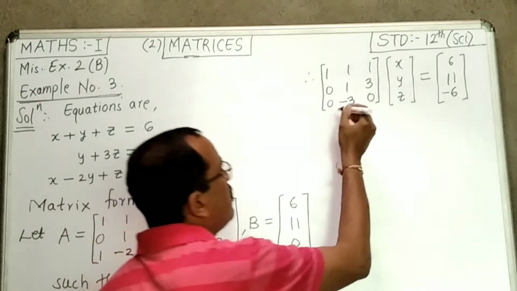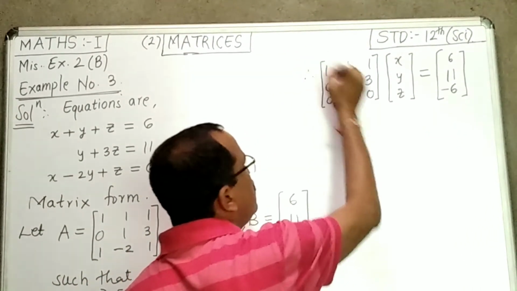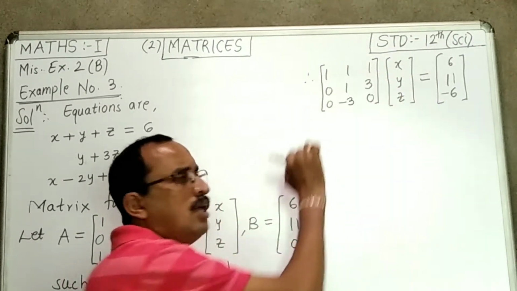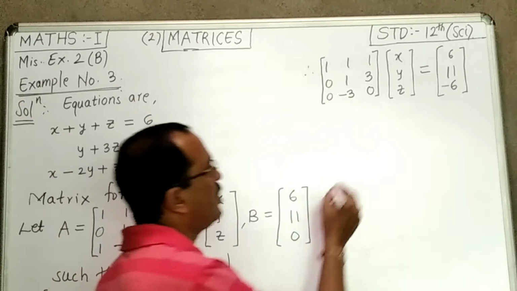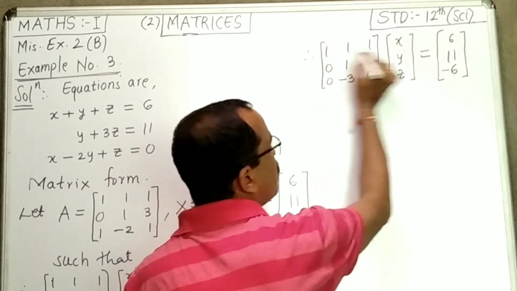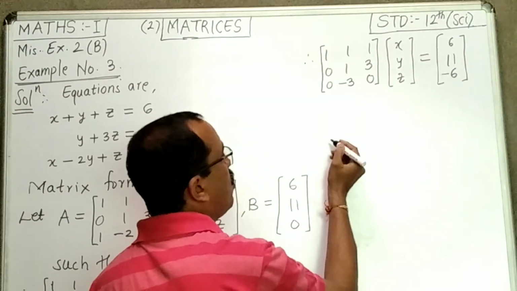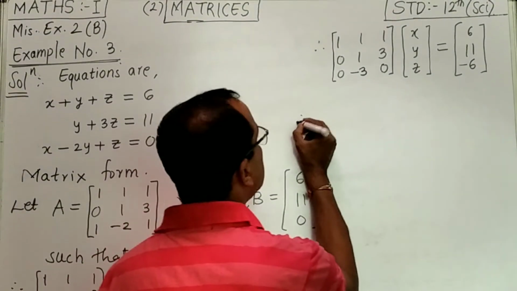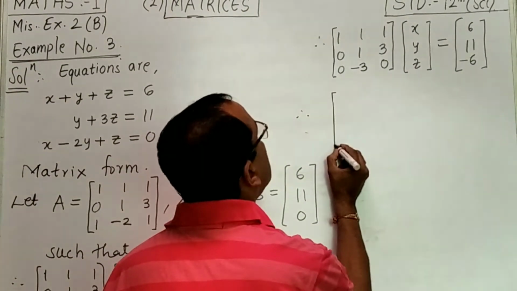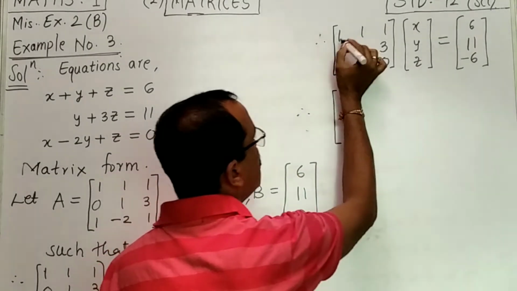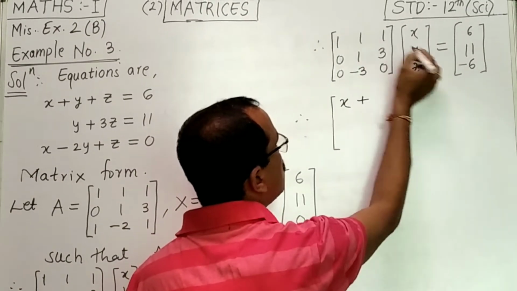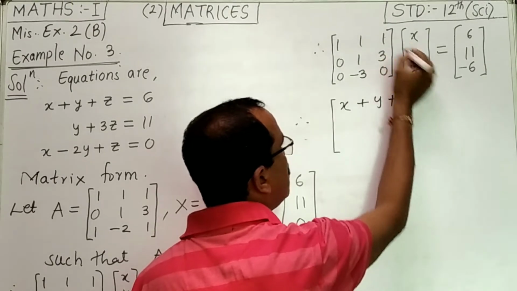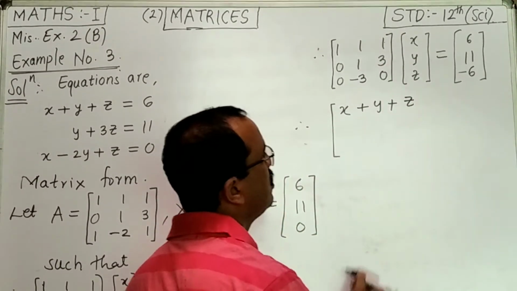So instead of changing this matrix A into an upper triangular matrix, I write the equations directly in matrix form. Therefore we write in left hand side matrix 1 into x, x plus 1 into y, y plus 1 into z, z.